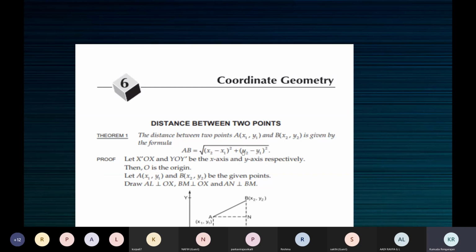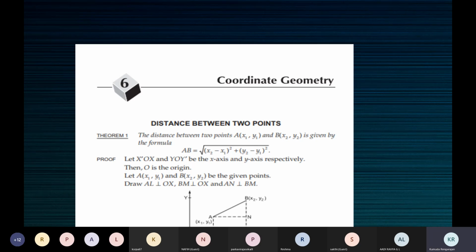So when we express this formula in words, it is the square root of the difference between the abscissae, the whole square, plus the difference between the ordinates. Y coordinate is called the ordinate.